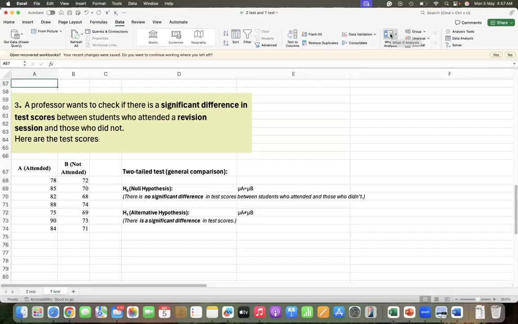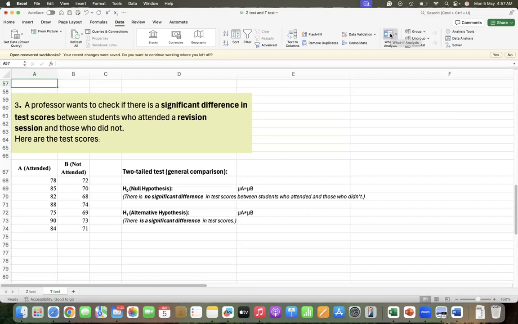Okay, let's understand another question on t-test. A professor wants to check if there is a significant difference in test scores between students who attended a revision class and those who did not. So here we are talking about two samples. If you remember, we talked about two independent samples, urban population versus rural population, or average salary package of CA students versus MBA students.